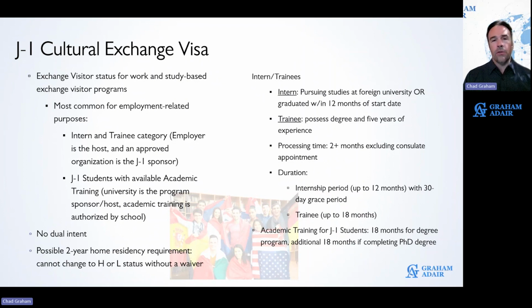You would need to change your status from J1 to another status like an H1B in order to remain in the United States. J1, unlike the H1B, L1, and O1 that I talked about, is a pure non-immigrant status. So this is not a dual intent status. If you do want to apply for the green card, you would not be able to be in J1 status while you do that.